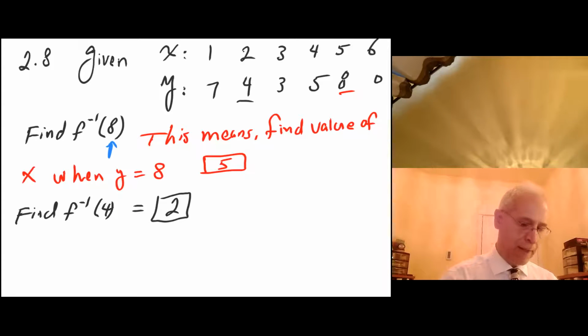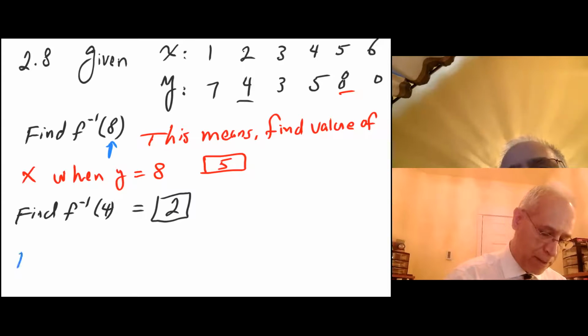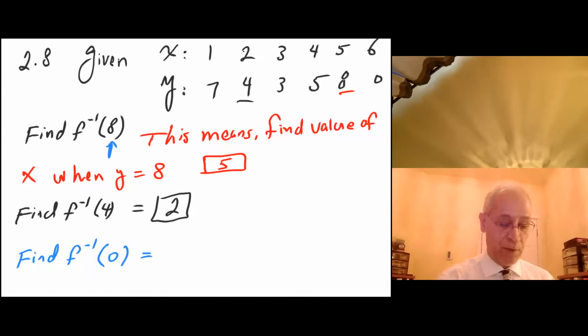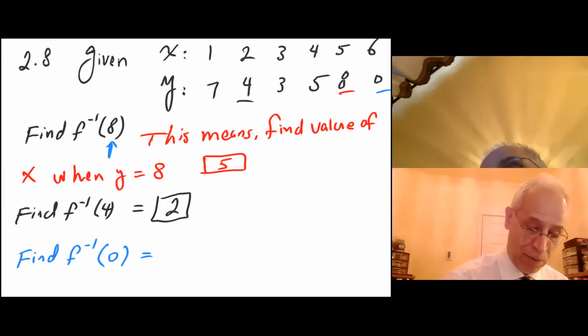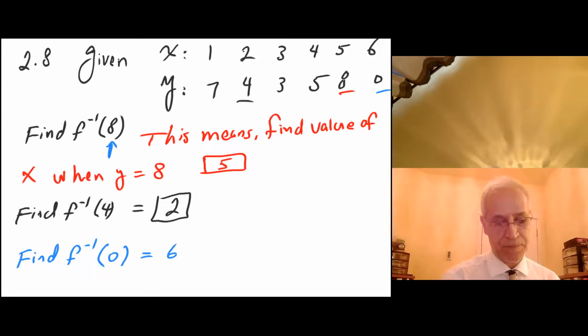Let's do one more: find f inverse of 0. Do I have a y value of 0? Sure, right here. So that means find the value of x when y equals 0, and that equals 6.